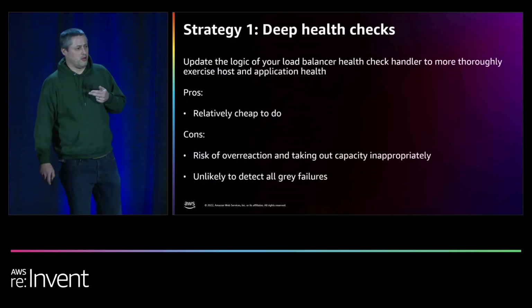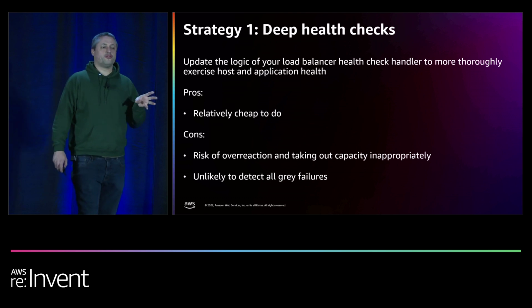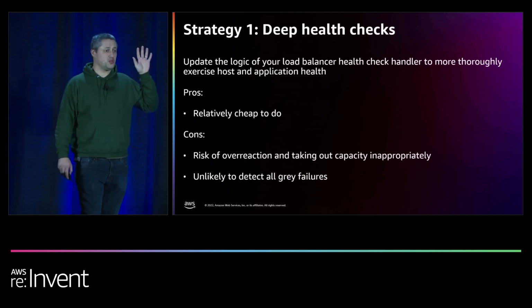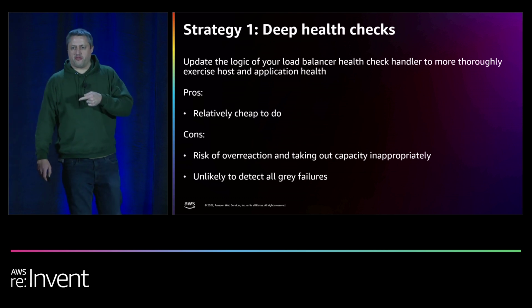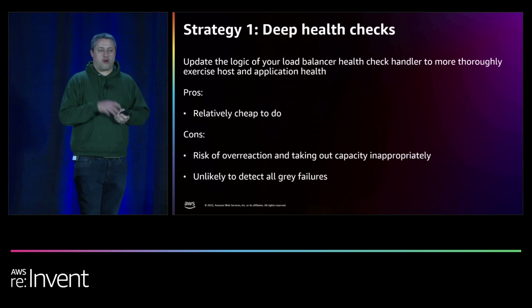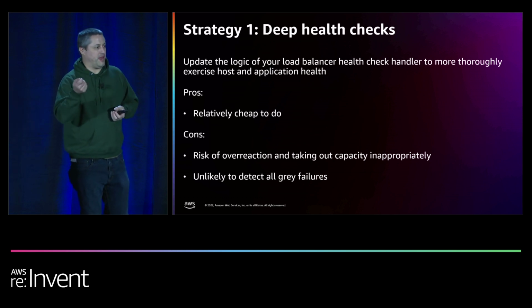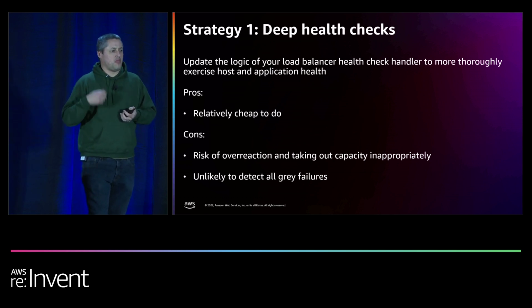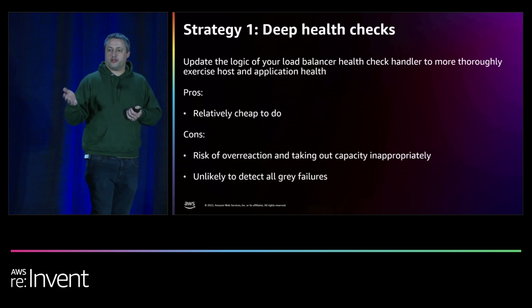The first one, how many people have heard the term deep health checks? Hands? A few? I mentioned before that the network load balancer or application load balancer are regularly sending your host a basic API call. And if you respond with a 200, you'll stay in service.